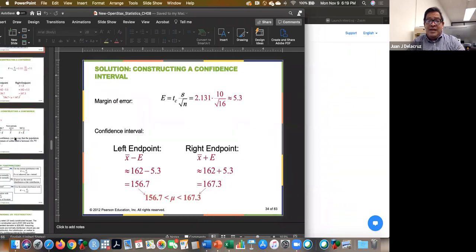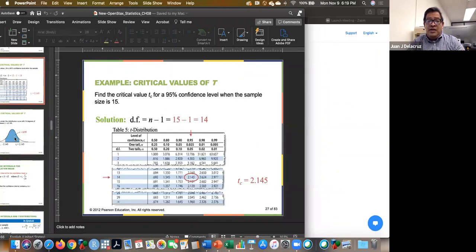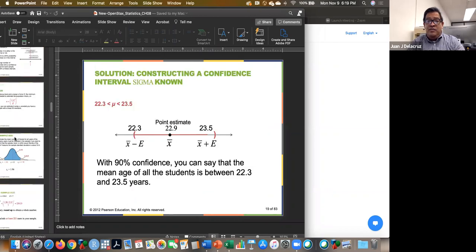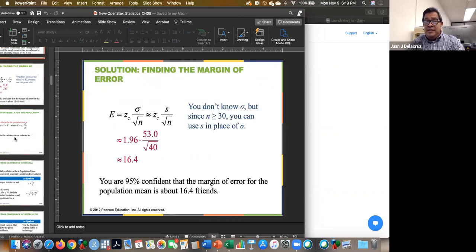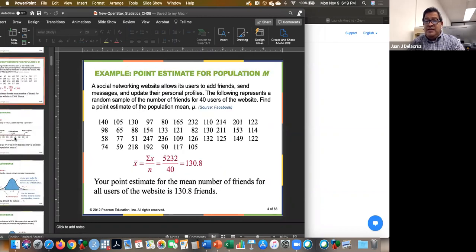So once again, we were working on the idea of building a confidence interval. This confidence interval helps me make some inference on what might be a value for mu, even though I don't know mu. So I don't know the population mean.